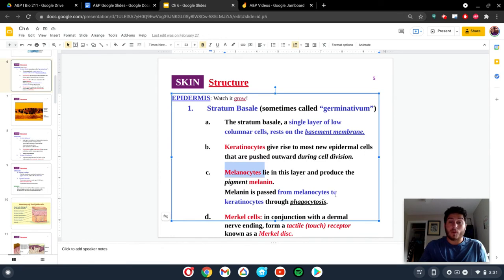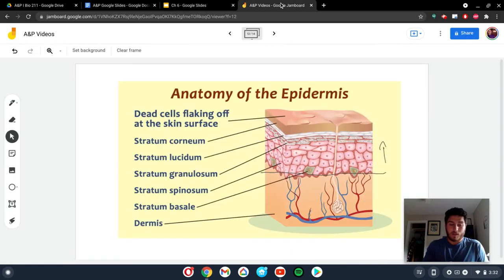Next up are Merkel cells. Merkel cells are the cells that are used for detecting senses. In other words, your tactile responses, your tactile senses. You ever notice you can feel things when you touch them? That's because the Merkel cells that are located in the epidermis, again, down here, are contacting the nerve cells in the dermis.